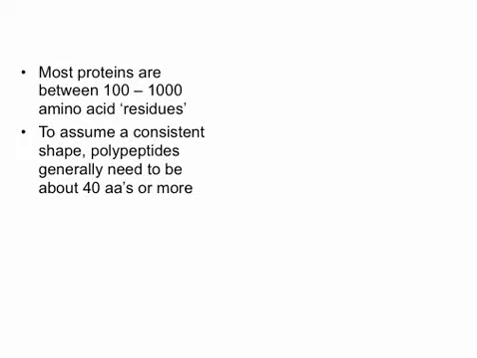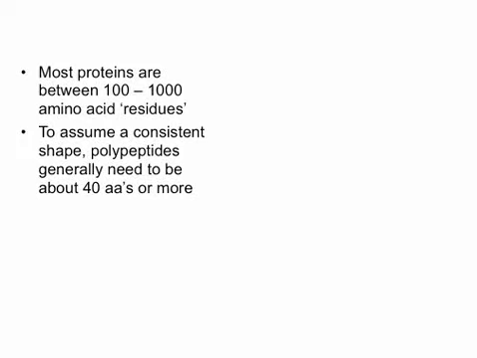Now, we do encounter some proteins that are smaller than that, but in general, what we see is that any polypeptide or protein that's shorter than about 40 amino acid residues tends to not fold into a stable three-dimensional shape. In solution, inside the cell, it's going to be flopping around and assuming all kinds of different shapes.